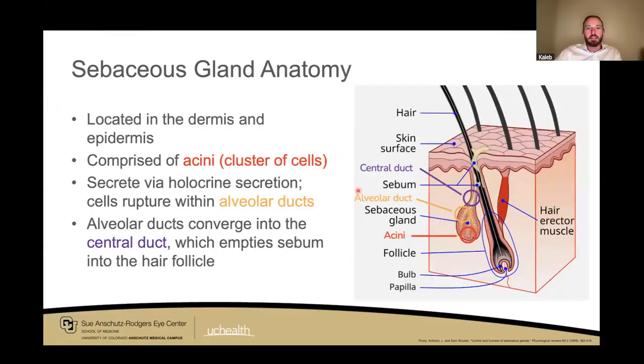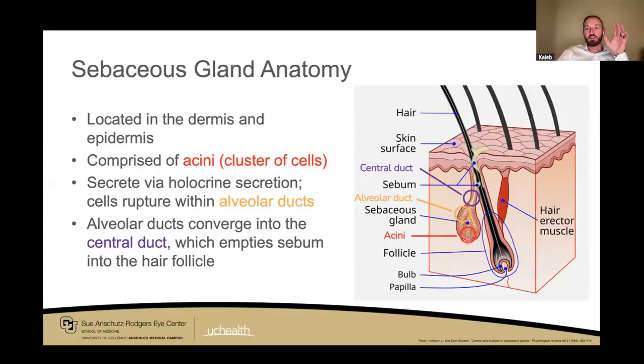So this is the anatomy of a sebaceous gland. This is important for us to understand for how it works. So we have a central duct. Coming off the central duct, we have an alveolar duct. In the alveolar section, we have these things called acini, which are kind of these grape-like clusters of cells. And then we have stem cells that are at the very end of these ducts.